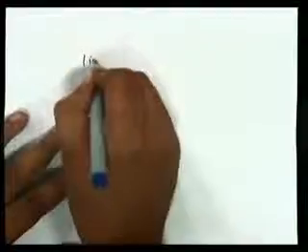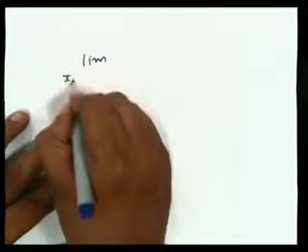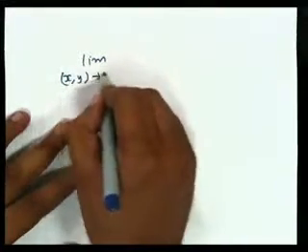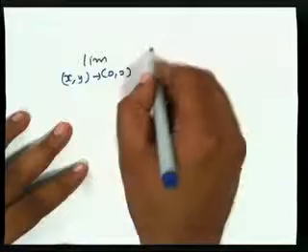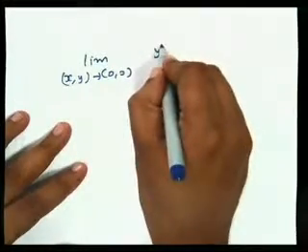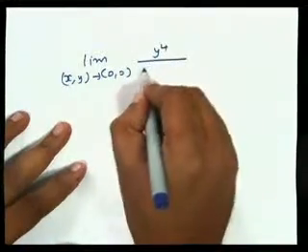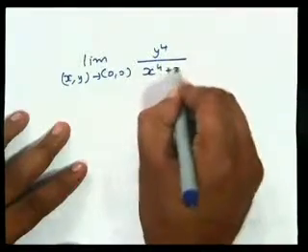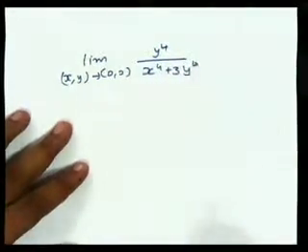Find the limit as (x, y) tends to (0, 0) of y⁴ / (x⁴ + 3y⁴).